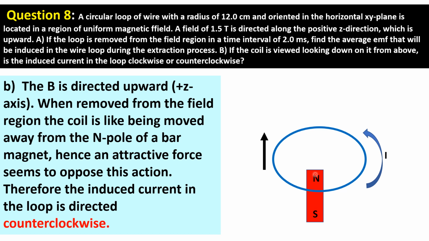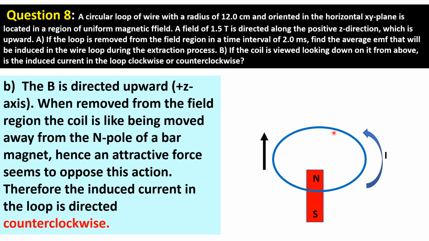Now, what will happen if the coil of wire is extracted, meaning removed, from the magnetic field? It's only by doing that where there will be an induced magnetic field and therefore an induced current.